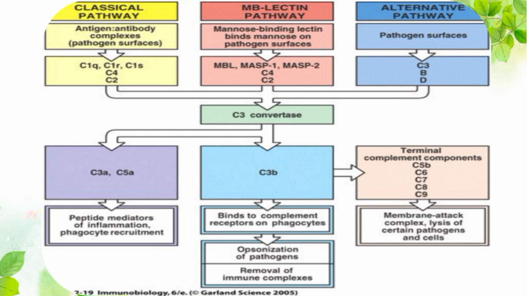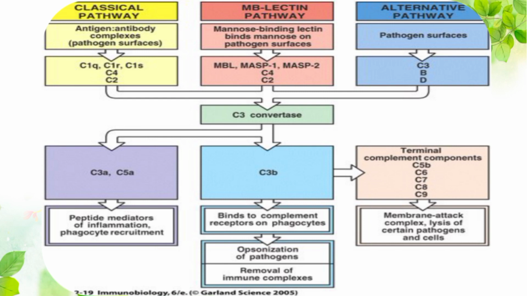C3a indicates the peptide mediators of inflammation and phagocyte recruitment, and C3b binds to complement receptors on phagocytes, leading to opsonization of pathogens and removal of immune complexes. And C3b also indicates the terminal complement components. It includes C5b, C6, C7, C8, C9, and finally the membrane attack complex, causing lysis of certain pathogens and cells.